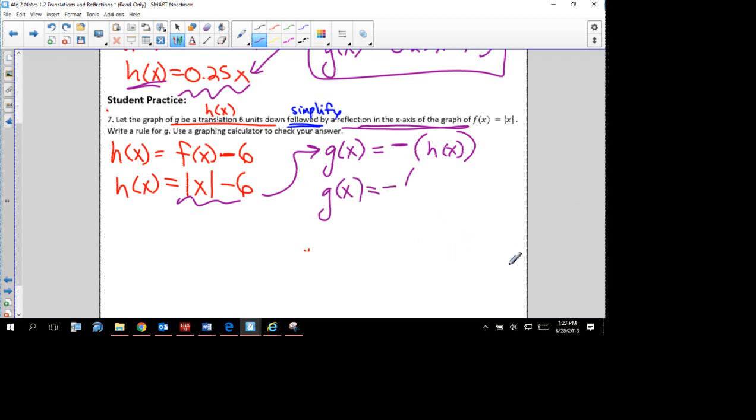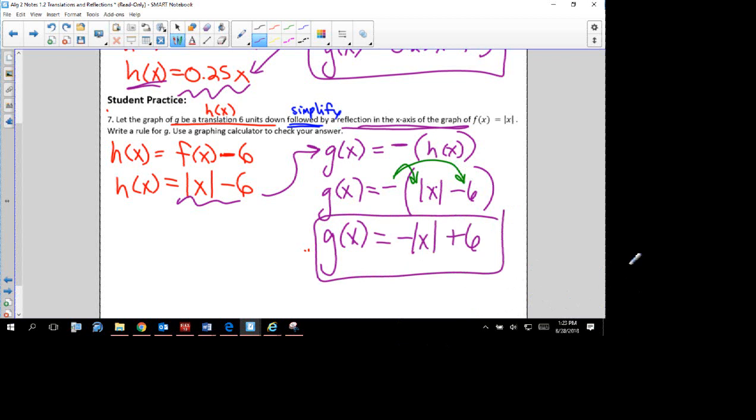So we're going to do negative parentheses, absolute value of x minus 6, close parentheses. Can that be simplified? We can distribute our negative sign, and we get g of x equals negative absolute value of x, and then negative negative plus 6. I have to change both signs. Notice how it did not go into the absolute value. It just stayed in front.